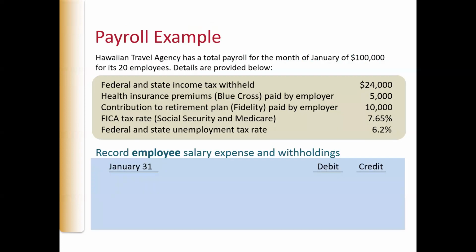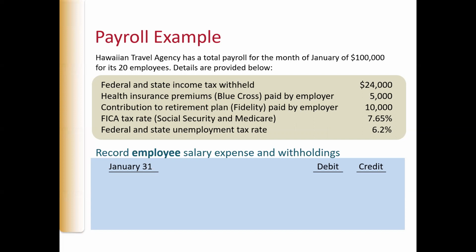So here we're going to look at an example. This one shows Hawaiian Travel Agency has a total payroll for the month of January of 100,000 for its 20 employees. With that 100,000, the employees have had federal and state taxes taken out of 24,000.